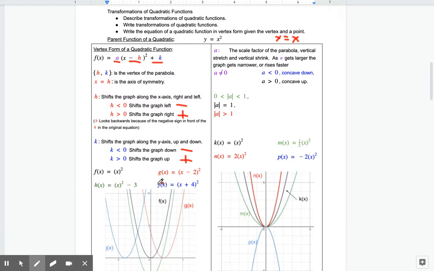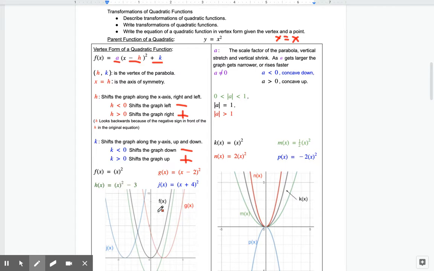If we look at j of x equals the quantity x plus 4 squared, this looks positive, so we should think, oh, shifting to the right, but it's not, because in order to make that become a positive, we actually had to substitute in a negative 4. So it's shifting to the left, 1, 2, 3, 4.